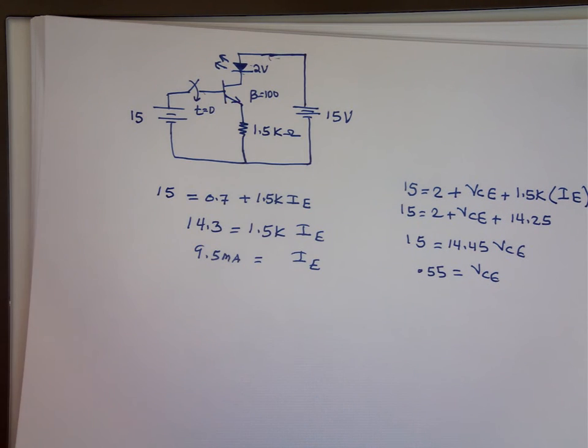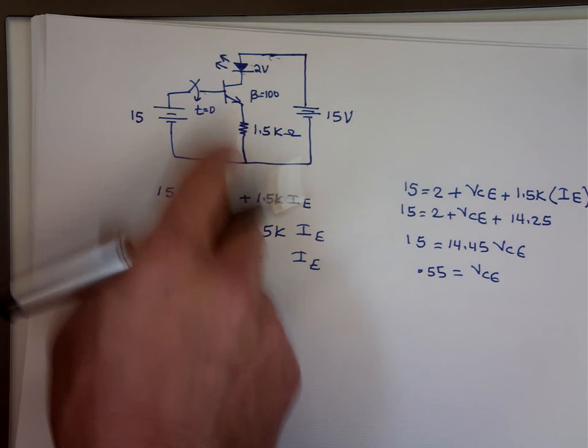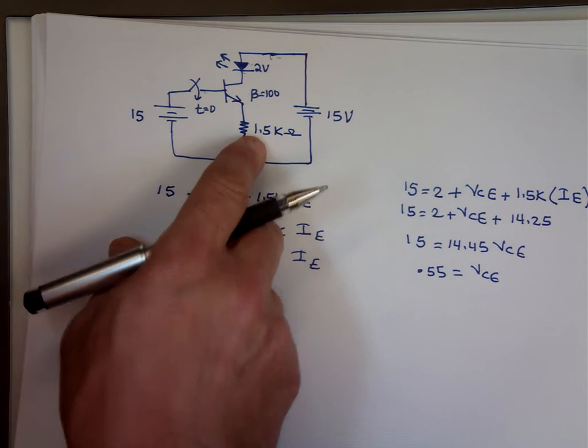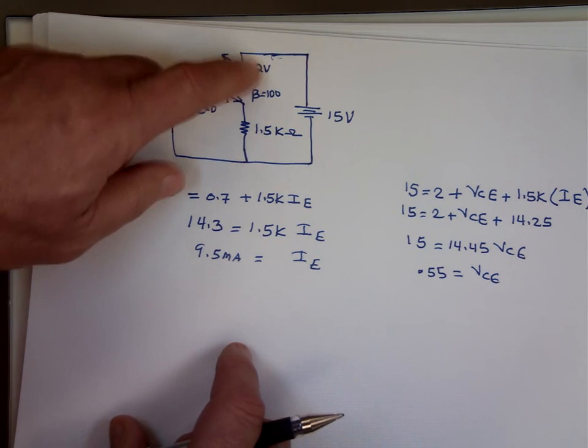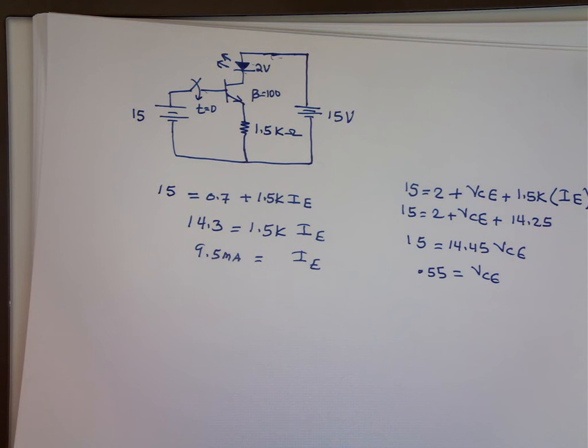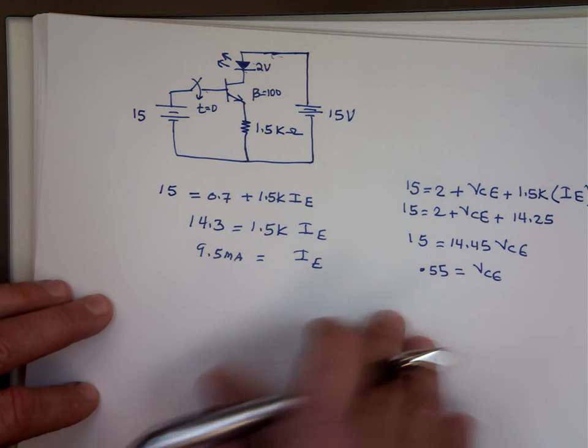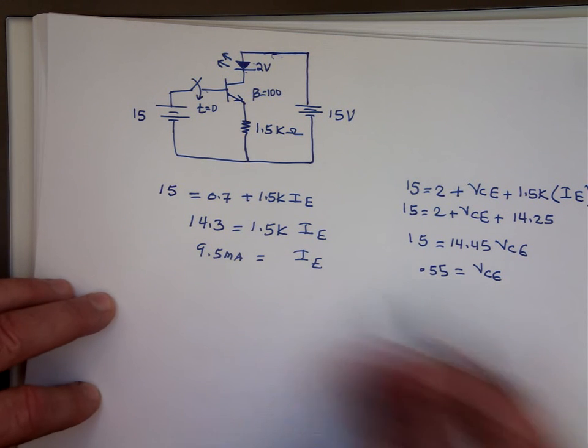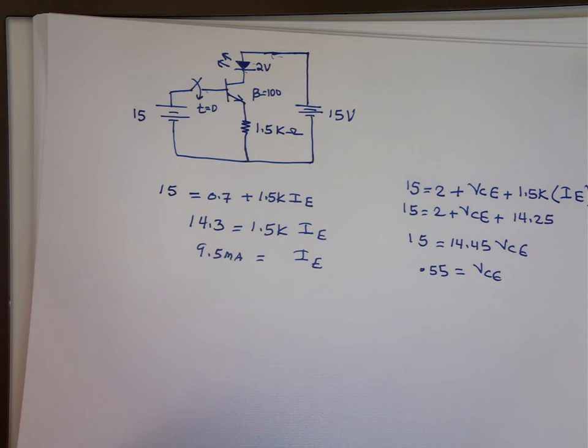That current here is going to be whatever beta, almost that current here. Doesn't matter what that voltage there is. So we can say the LED voltage drop has no effect on the current. It really doesn't change the current. I sub C is going to be the same. It's only going to change what VCE is.